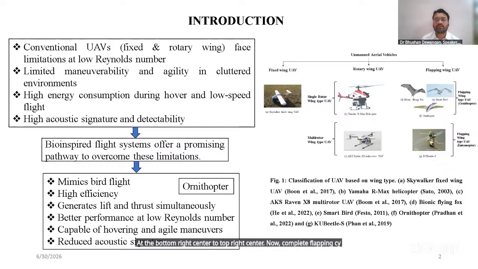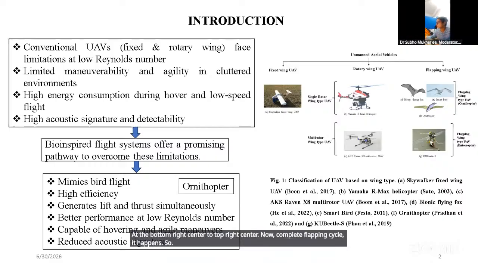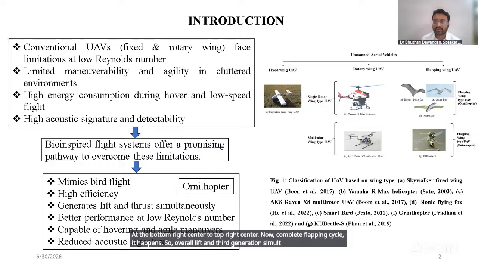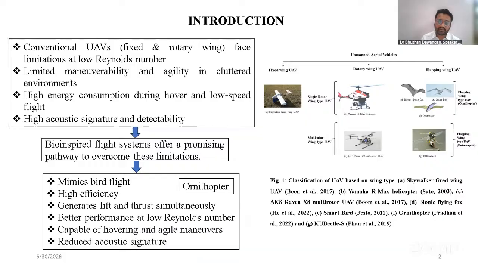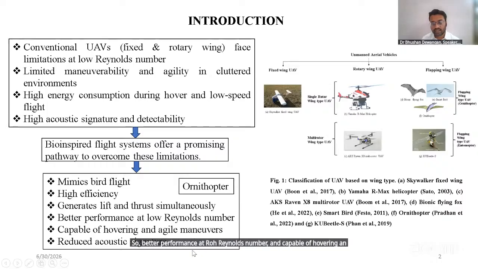So overall lift and thrust generation happen simultaneously, and this flapping cycle makes the UAV move further and very efficiently. It has better performance at low Reynolds number, is capable of hovering and agile maneuvers, and has reduced acoustic signatures compared to fixed and rotary wing.